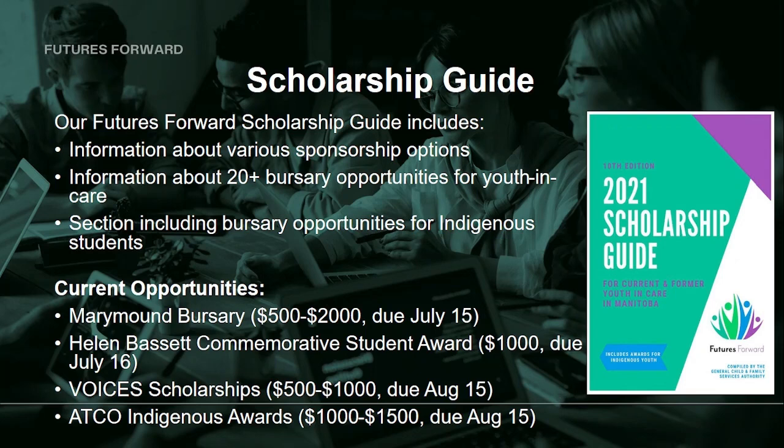But you can download this guide on our website at futuresforward.ca, and there you'd be able to view all the different scholarships and bursaries that are available and that you can apply to. Always make sure to check those due dates to see if it has passed or not, and to see if you are eligible for the scholarship.